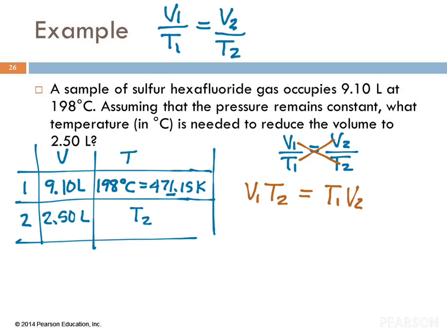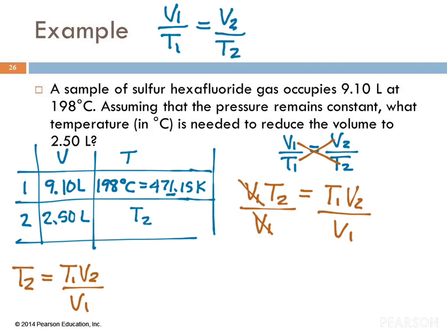So we want T2. So now we can see that we need to divide by V1. These guys cancel out. And so we have T2 is equal to T1 V2 over V1. So T1 is 471.15 Kelvin.